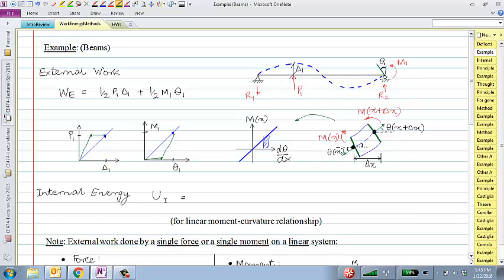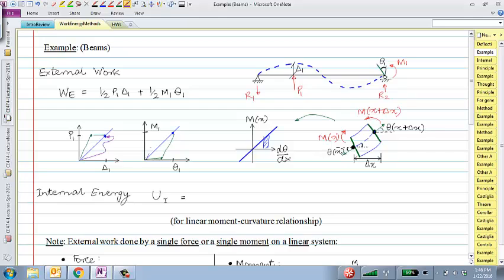Even in this case, the total external work done by this force and this moment will still be the same. The total amount would still be the same, but the individual contributions would be different. Okay. You can again pick out any which way you want to load it up.